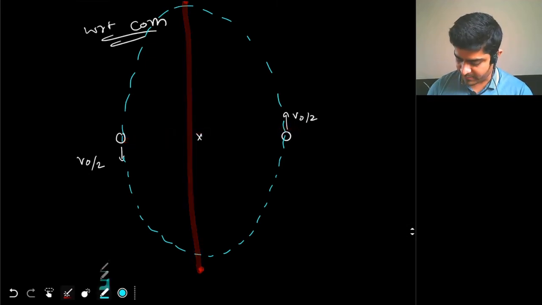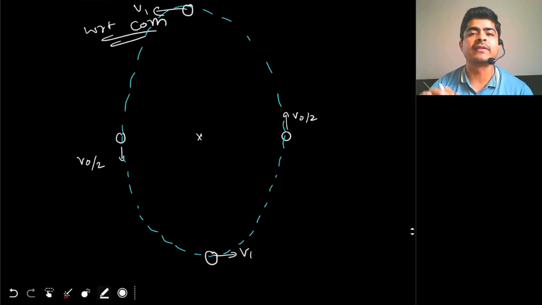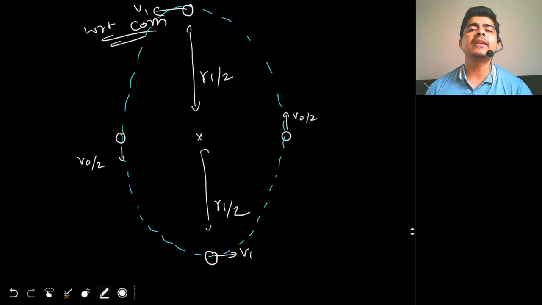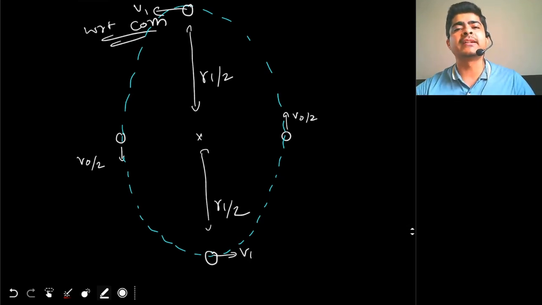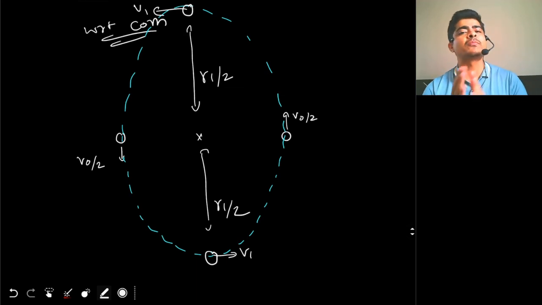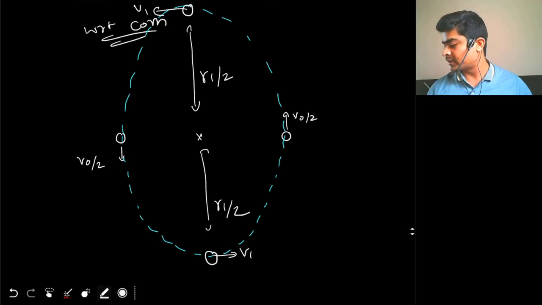At maximum separation both the particles will have some velocity v1 with respect to the center of mass, and the distance between them will be r1 by 2 and r1 by 2. Again with respect to the center of mass you have to apply energy conservation and angular momentum conservation: initial kinetic plus initial potential energy equals final kinetic plus final potential energy, and initial total angular momentum equals final total angular momentum.